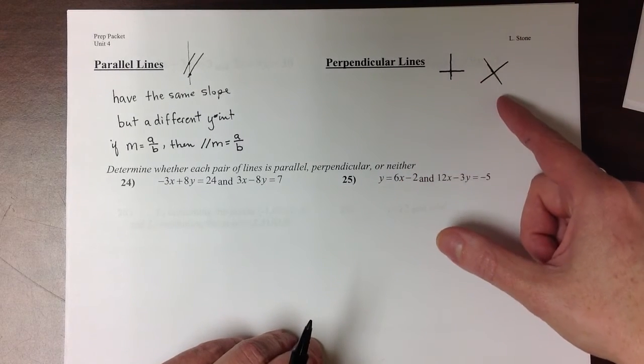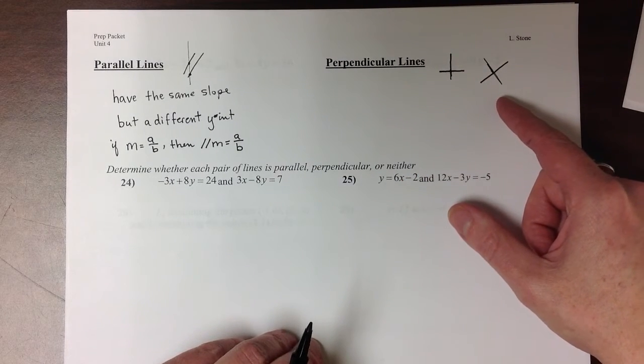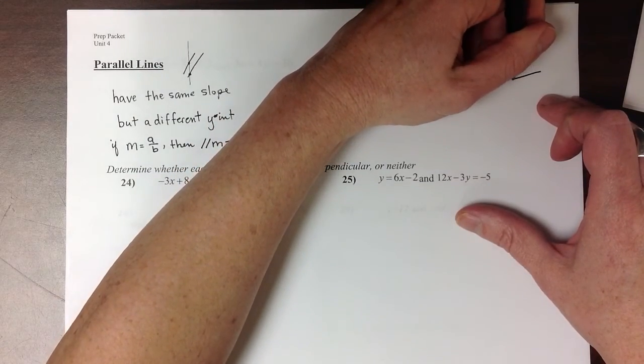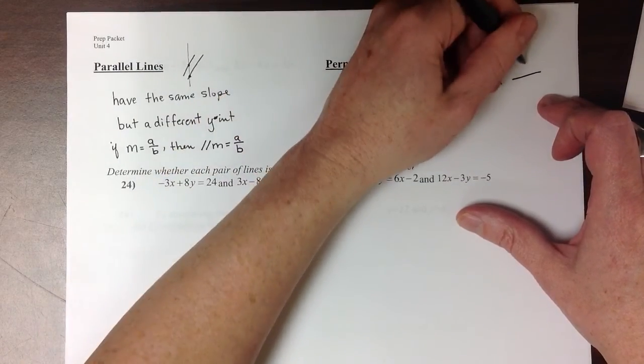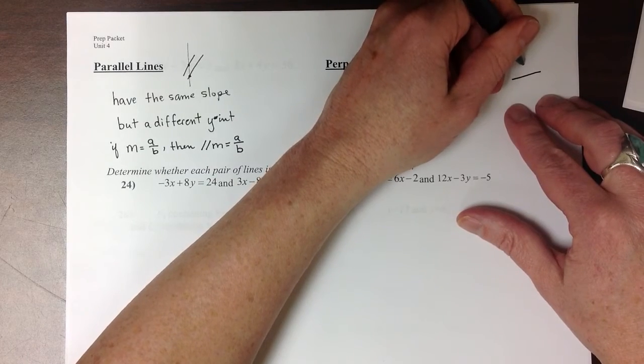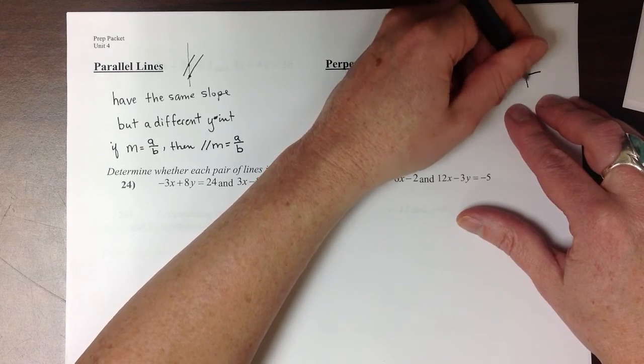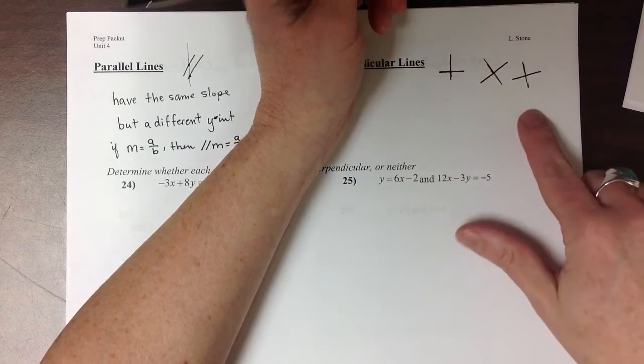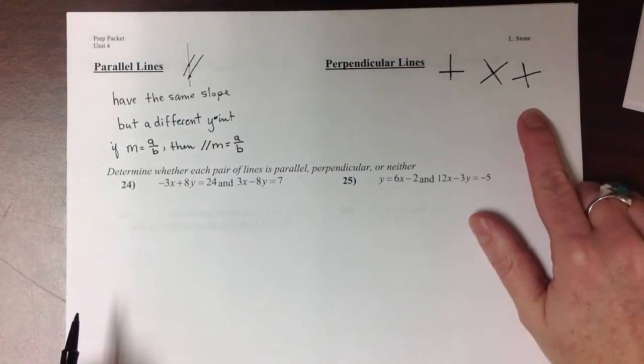This one has a negative slope of negative 1 to 1. Or if I drew them a little more crooked, that one might have a positive slope of 1/3. The line perpendicular to it is going to have a negative slope, a downhill slope of 3.